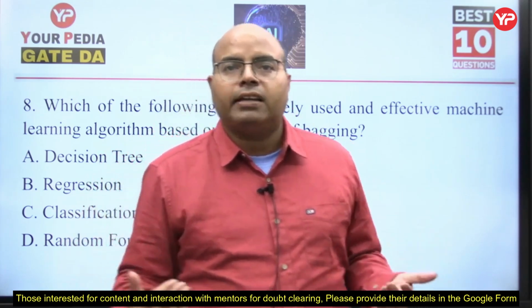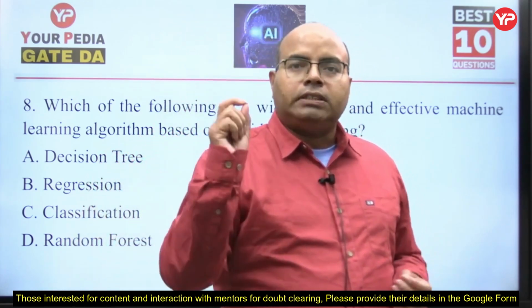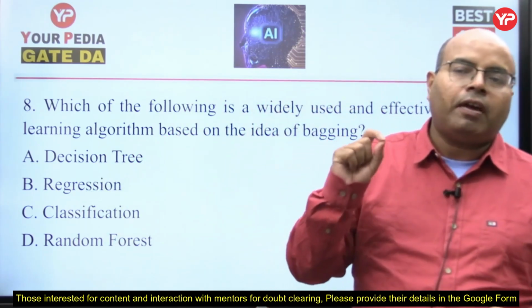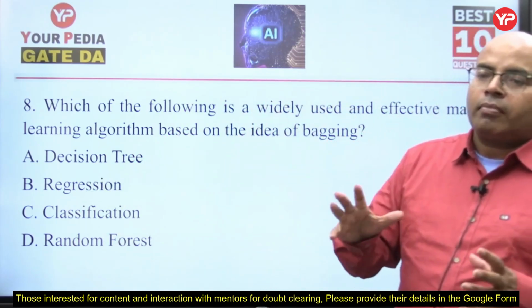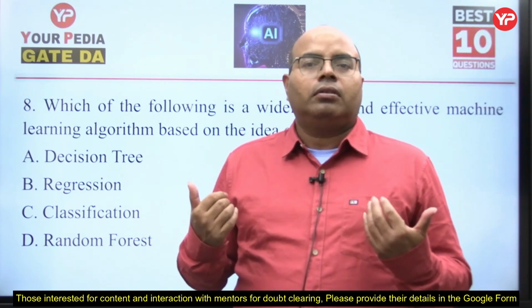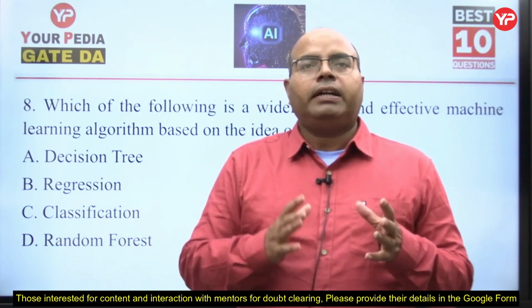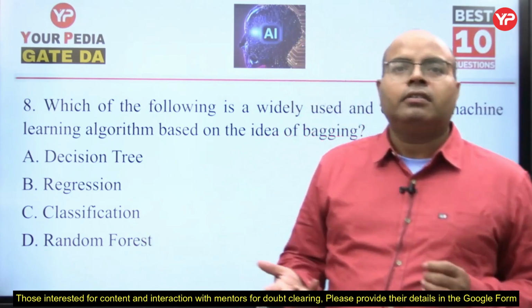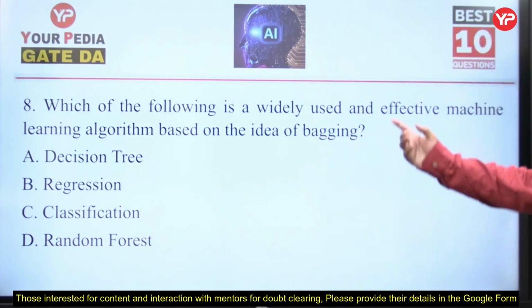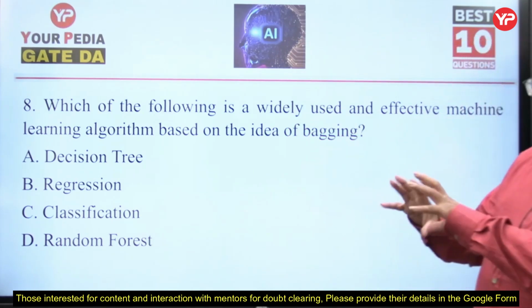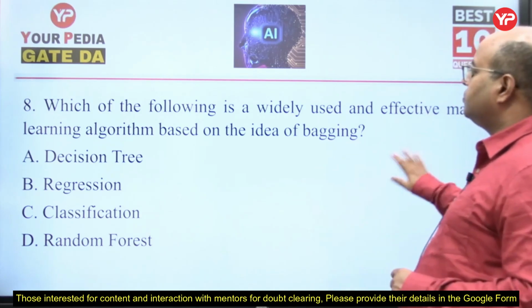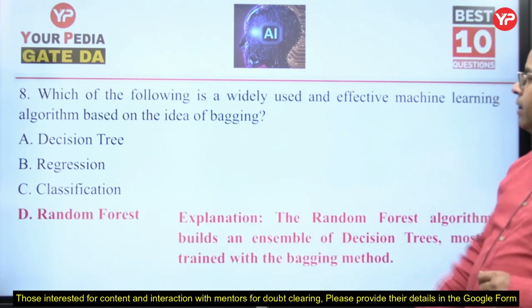That is the idea of bagging, bootstrap averaging. And one significant feature of bootstrap averaging is that you take one sample and then operate and then put that sample back. All the time you have all the data available. So the answer is random forest.